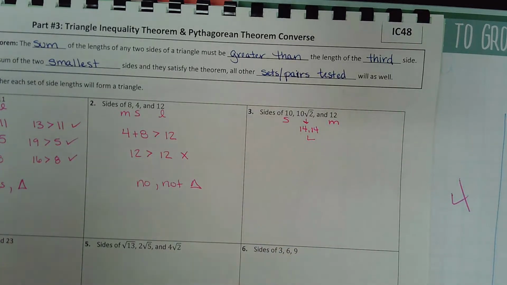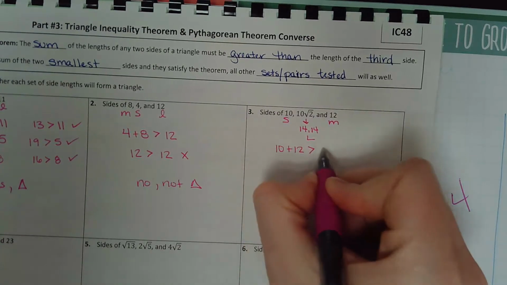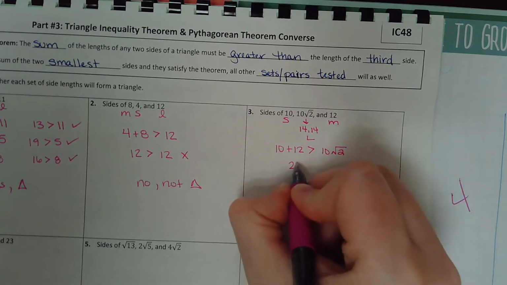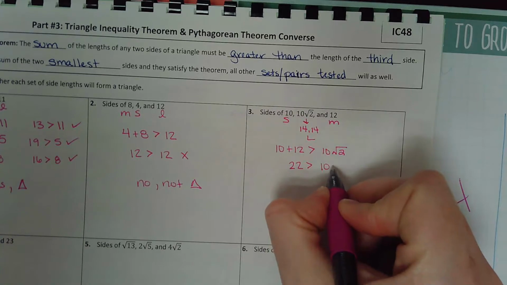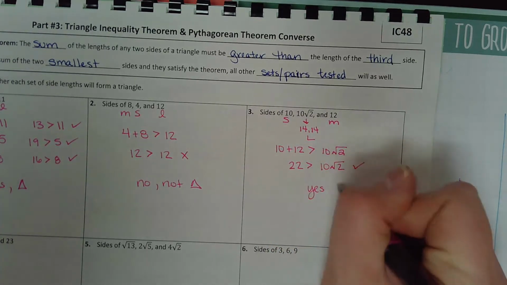So I'm going to test: is 10 plus 12 greater than 10 root 2? Well, is 22 bigger than roughly 14.14? That answer is true. So yes, I have a triangle.